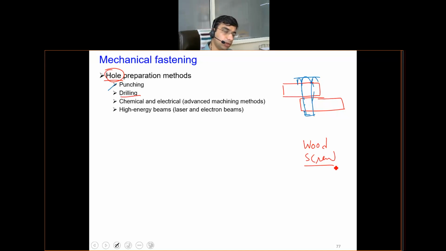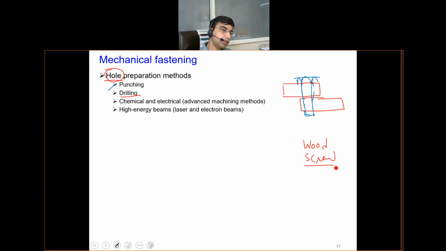But that is also dependent on the properties of the wood. The grains of the wood are such that they get deformed and are able to hold that screw without any hole preparation. But in most other cases, especially joining metals or polymers, using any mechanical fastening process, hole preparation is one of the most important steps.